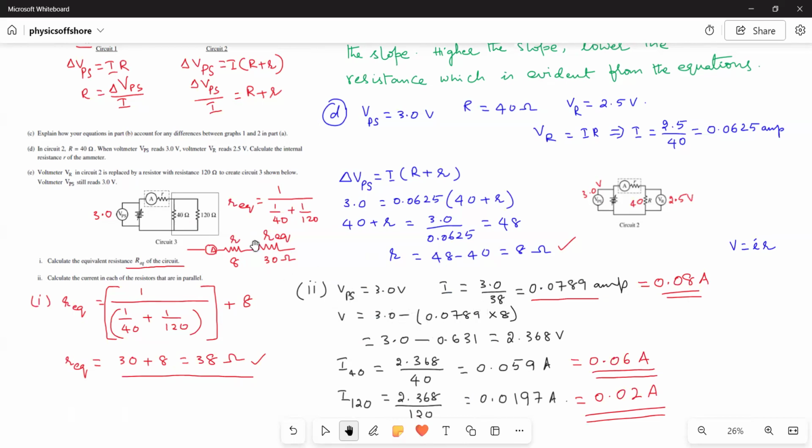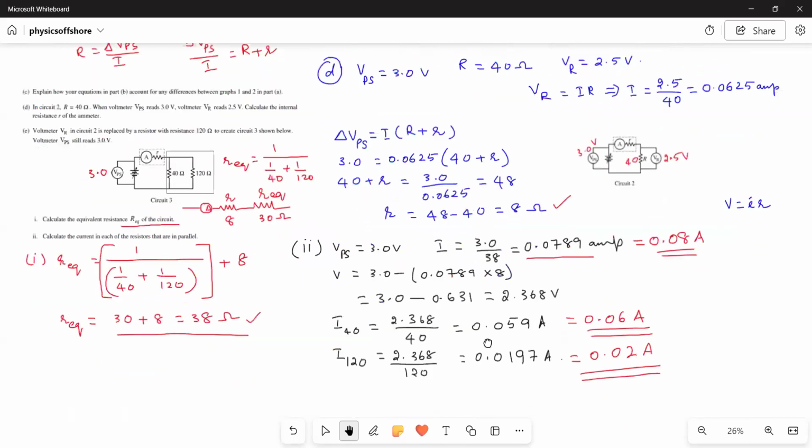The ammeter has 8 ohms resistance. So resistance times current gives the voltage. V is equal to IR. I used that formula and calculated the voltage across the ammeter as 0.631 volts. So subtracting this voltage from the supply voltage gives the voltage across the junction.